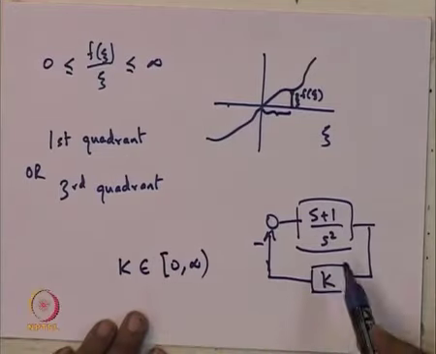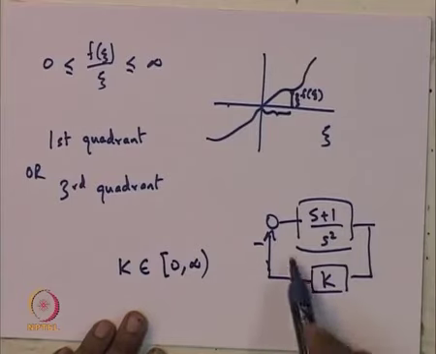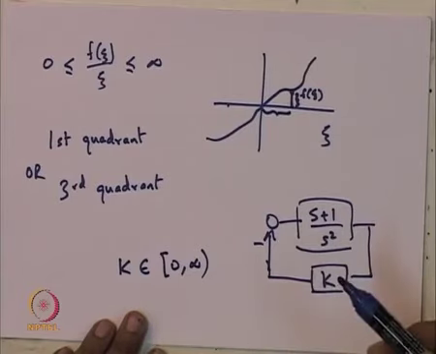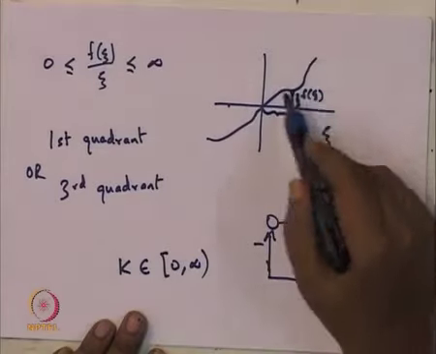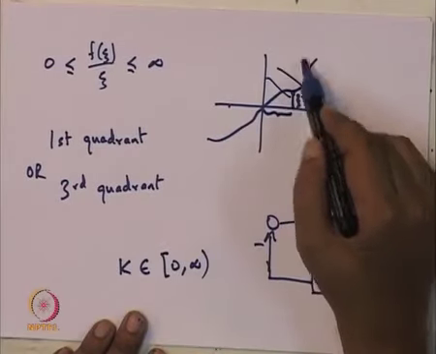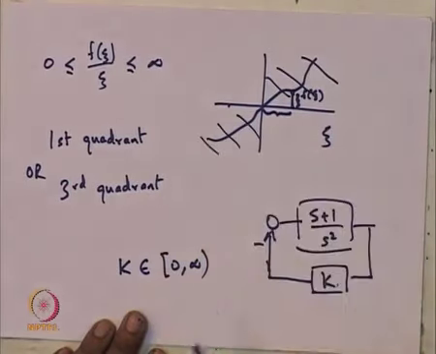Therefore, if Aizermann's conjecture were true, if we put in a nonlinearity here whose characteristics lie in the first quadrant and the third quadrant, then the resulting system should be asymptotically stable.